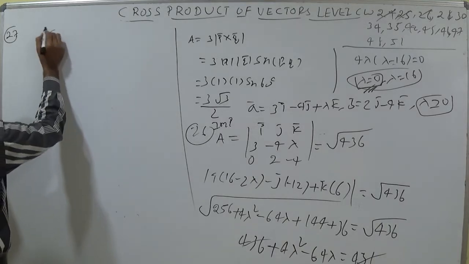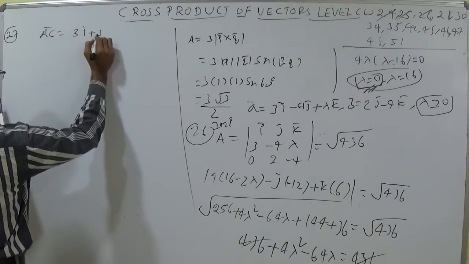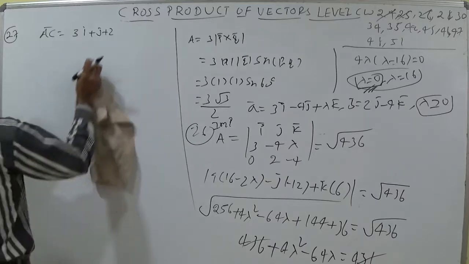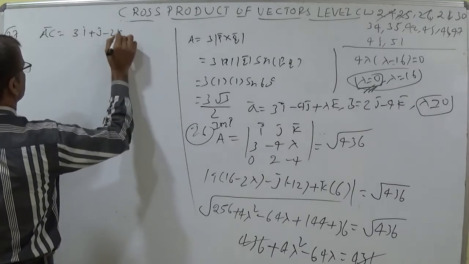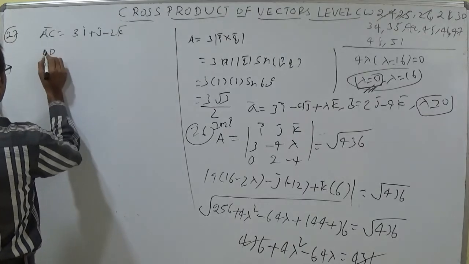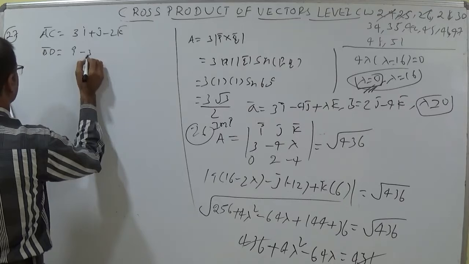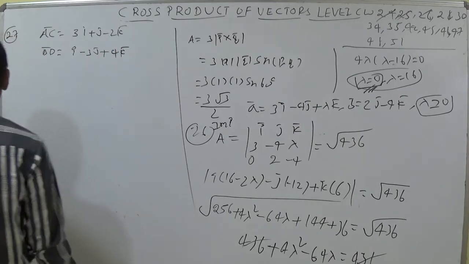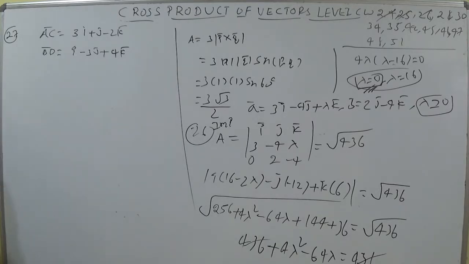Let the name of the diagonal you put here, d1 is equal to 3i plus j minus 2k, and let the other diagonal you put here, d2 is i minus 3j plus 4k. 3i plus j minus 2k and i minus 3j plus 4k are diagonals of the quadrilateral.